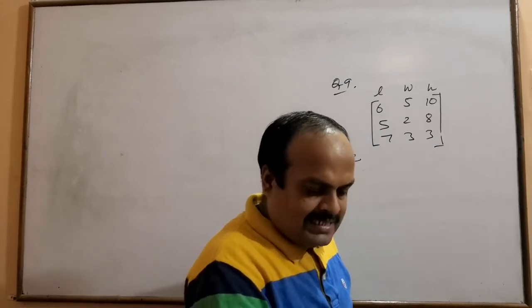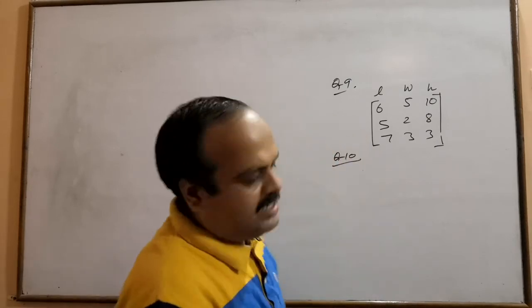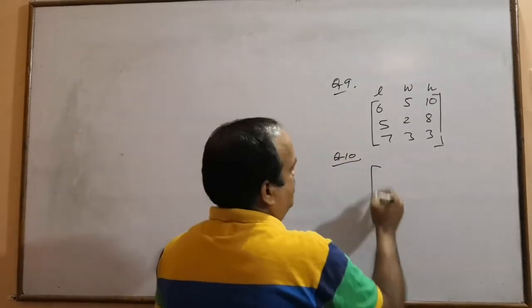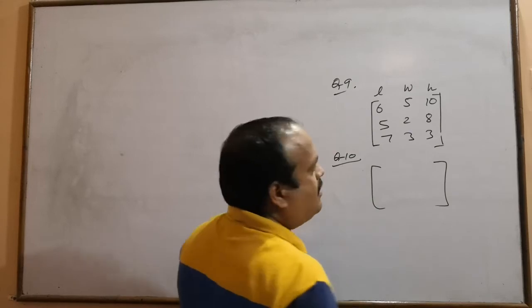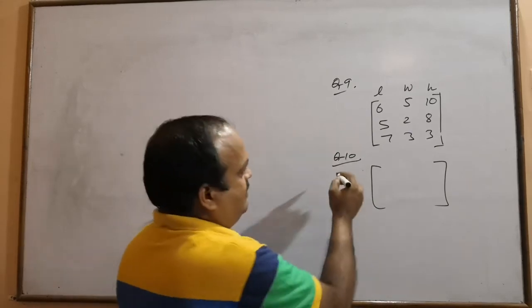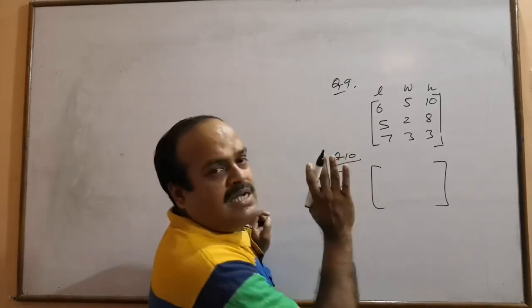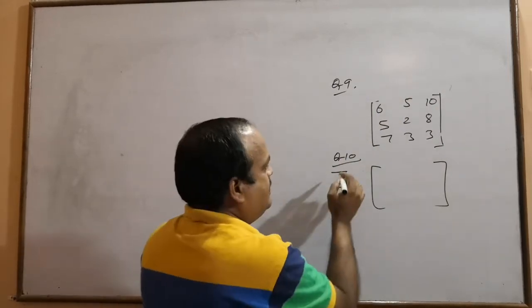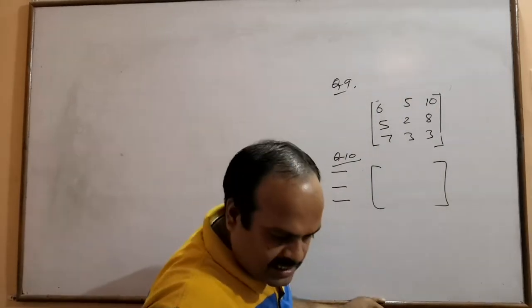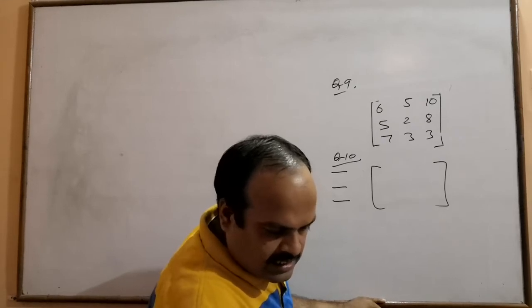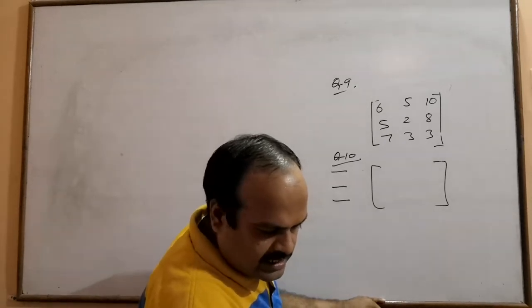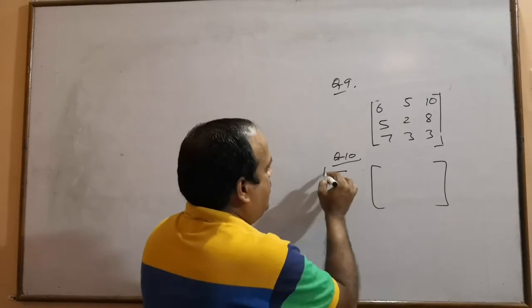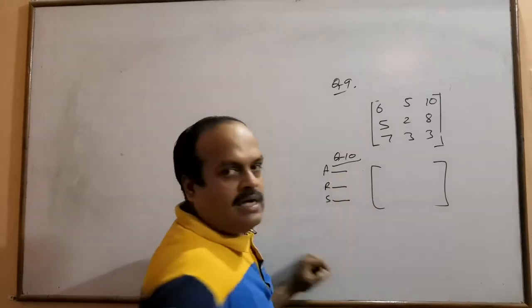Display this information as 3 by 3 matrices. So simple. We can write the names here, though names need not be mentioned: Akhil, Rajneesh, Sudha.